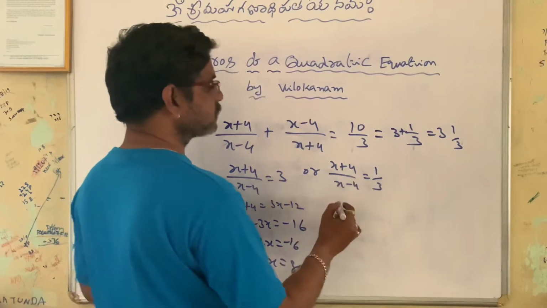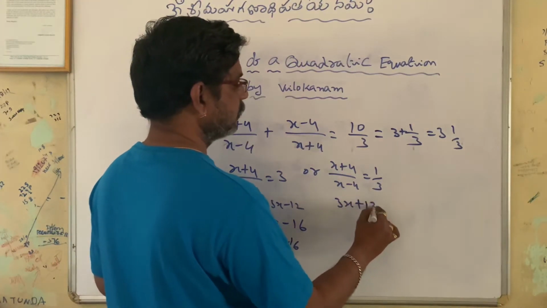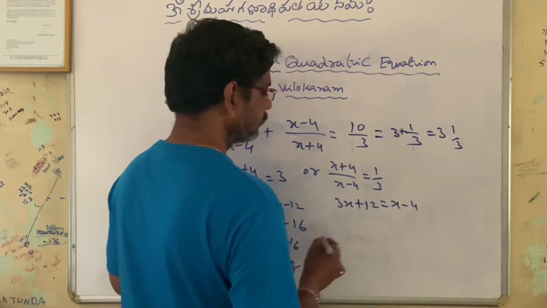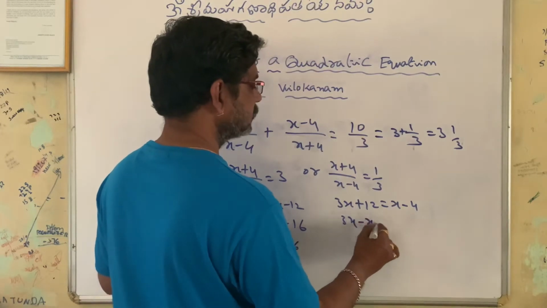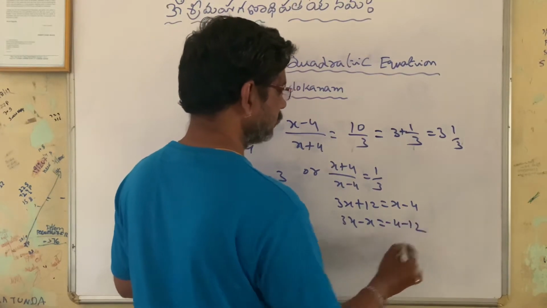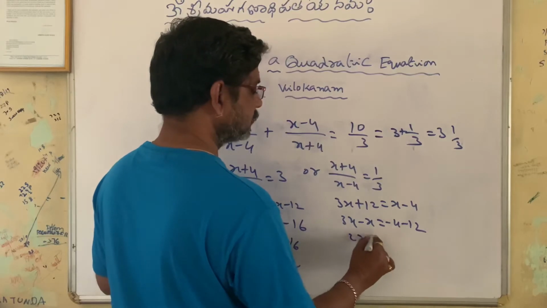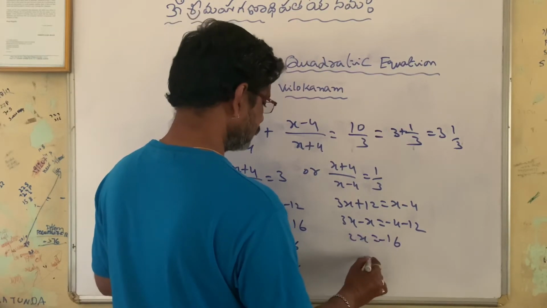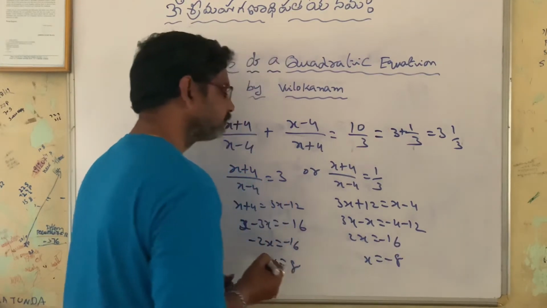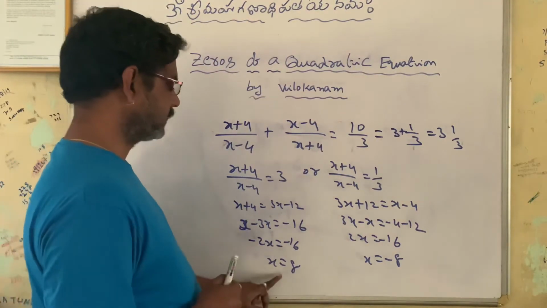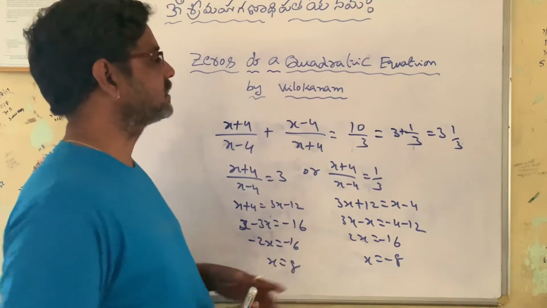And here if you do cross multiplication, 3x plus 12 is equal to x minus 4. Then 3x minus x is equal to minus 4 minus 12. So 2x is equal to minus 16, x is equal to minus 8. So x is either 8 or minus 8.